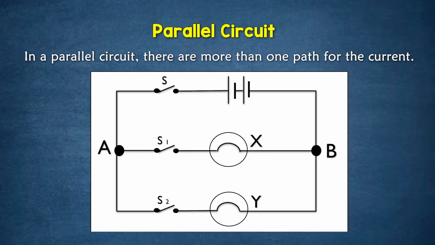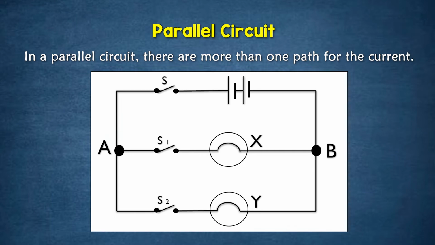Now, students, let's look at another example of a parallel connection. If you use 2 bulbs and 3 switches, you can make a circuit in which each bulb is controlled by its own switch. S1 controls bulb X and S2 controls bulb Y. The third switch, S, is a master switch.